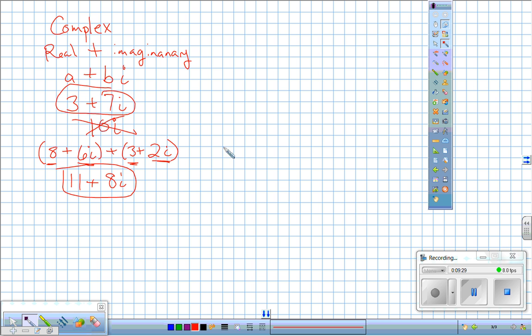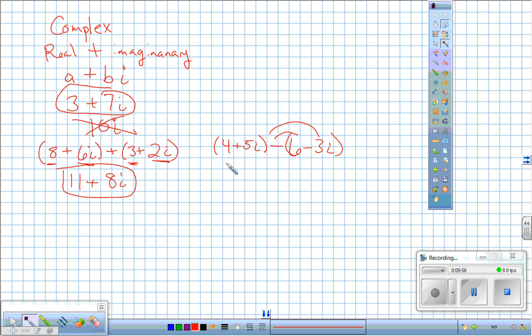You can do subtraction in it as well. Just like we've always done, we need to combine like terms. Just think of that i as a variable. So I have 4 plus 5i minus 6 minus 3i. Whenever you're adding or subtracting these, not so much when you're adding, but when you're subtracting, you need to make sure you put parentheses, because this negative sign needs to get distributed to both things in this back set of parentheses.